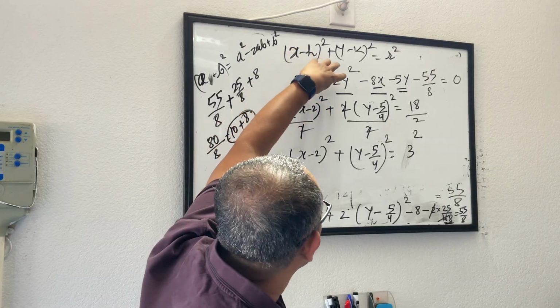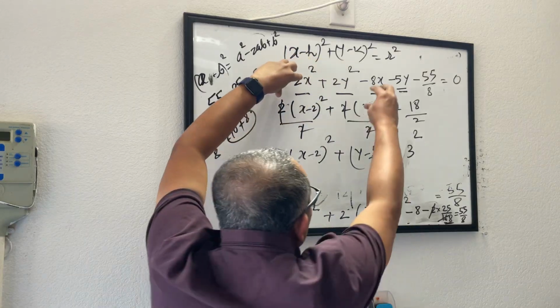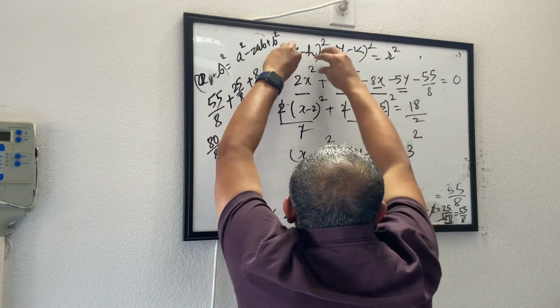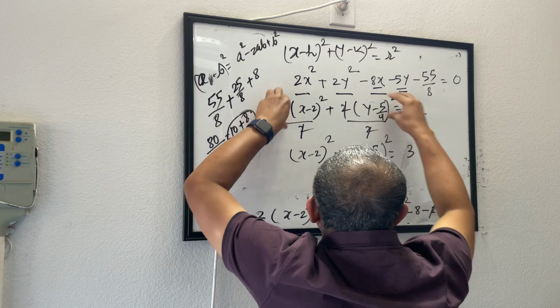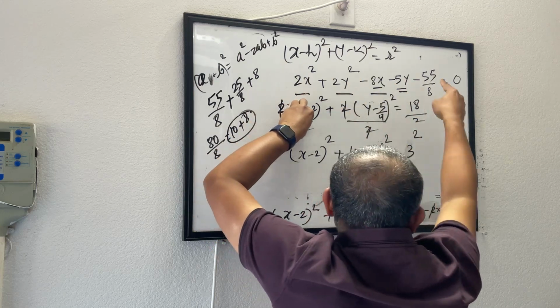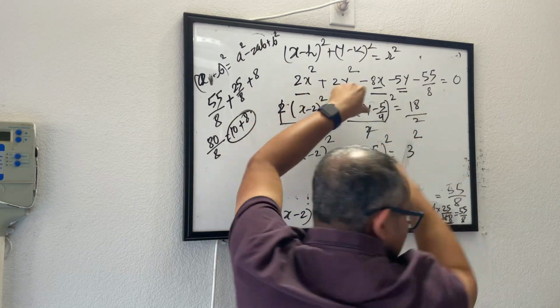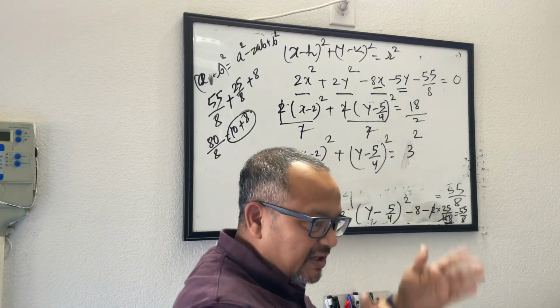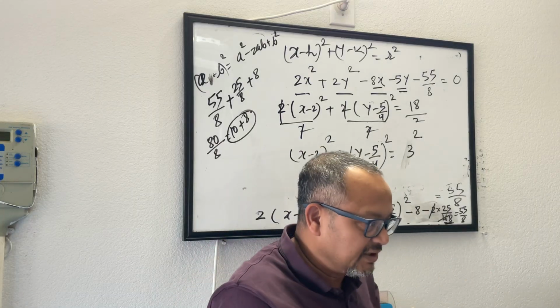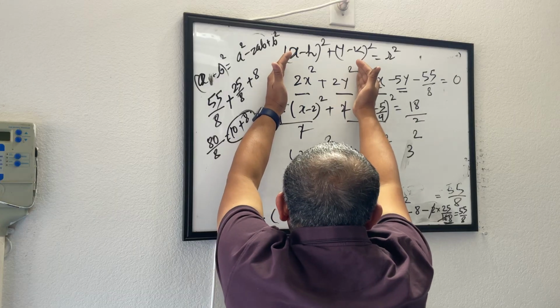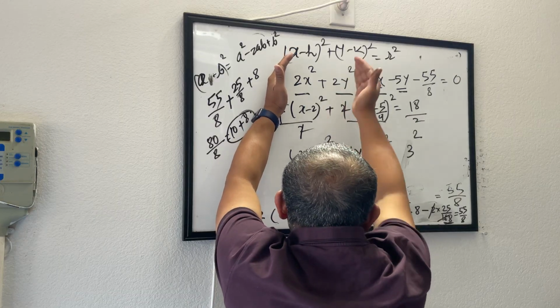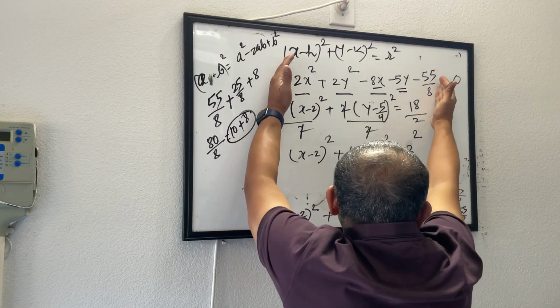So what you're doing is, you have part of the equation, and you are adding the missing parts to convert it into this form. When you are adding missing parts, you have to subtract them also in the same equation, otherwise you'll be messing with the actual equation. So when you add something to complete the perfect square form, you have to subtract those missing parts in the equation also.